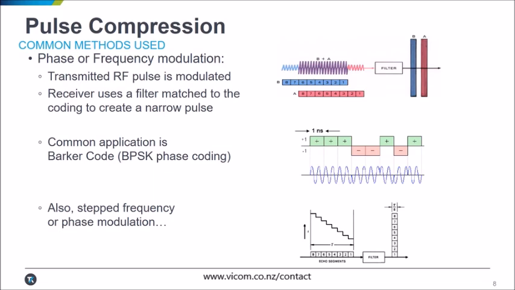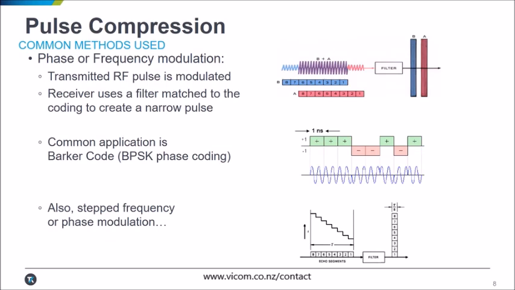Barker codes are unique binary patterns that autocorrelate against themselves at only one location in time. The compression is achieved in the receiver, in this case by sensing the autocorrelation of the particular Barker sequence within the detected pulses.